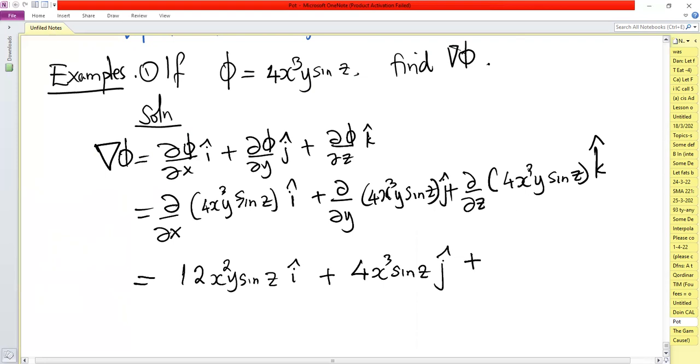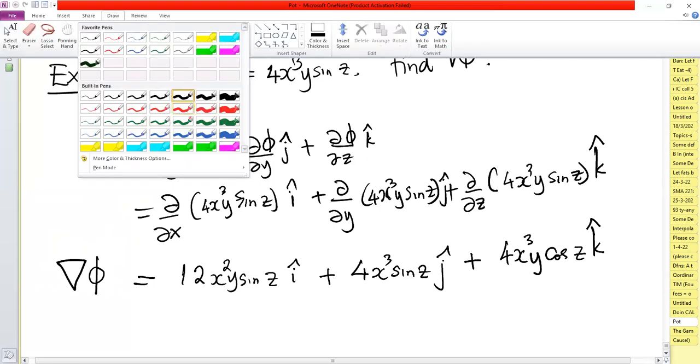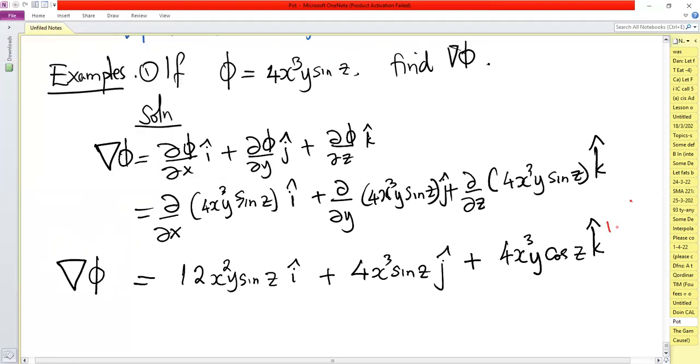So this function differentiated partially with respect to z will give us 4x power 3 y cos z, k. So this is the solution for the gradient of phi for that given scalar field or scalar function.